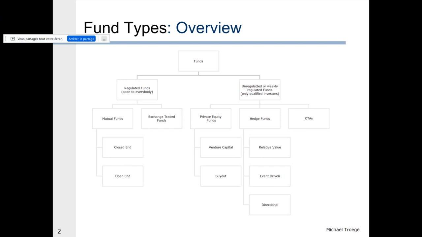So you have this difference: regulated funds, where everybody can invest; and unregulated, or weakly regulated, funds. These funds are only regulated to make sure that they don't cheat or create risk for the overall financial market, but the individual risk for investors is not regulated.